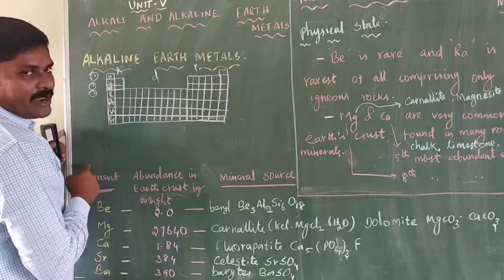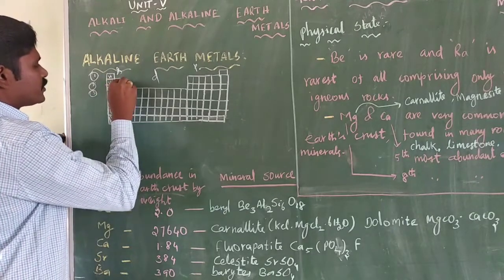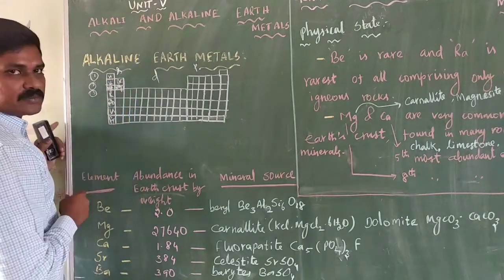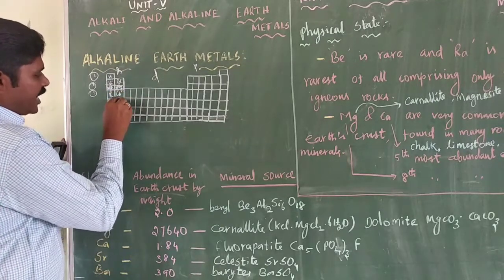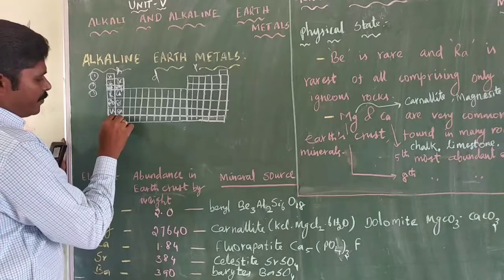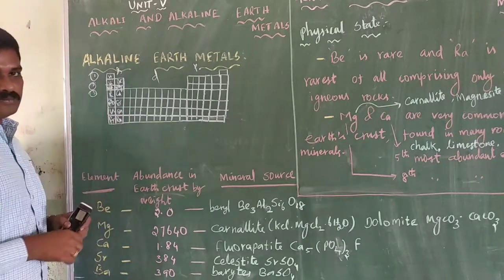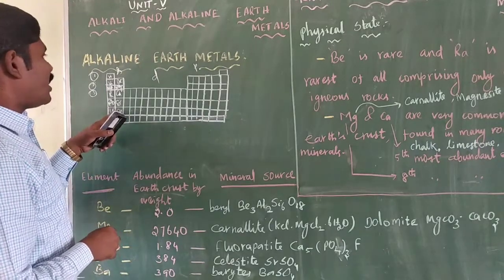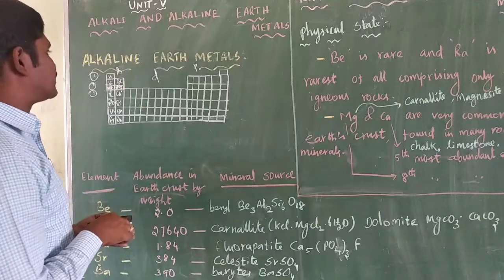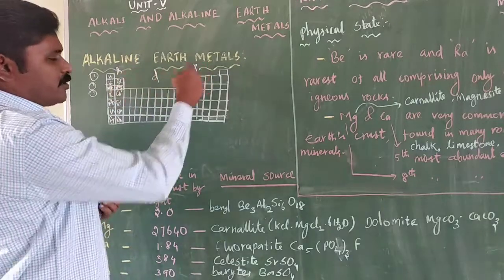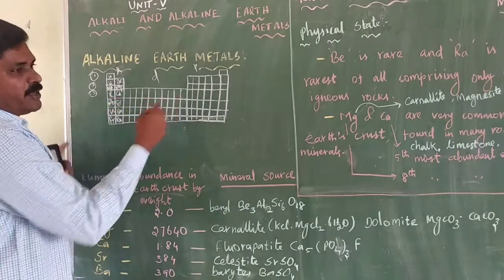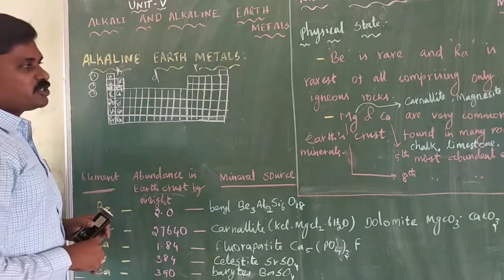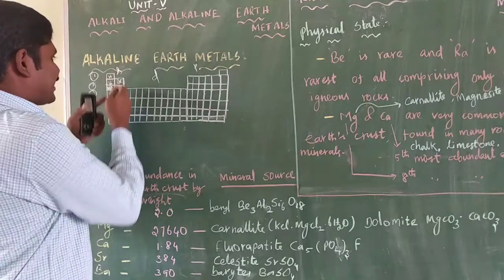And the second group elements, beryllium, magnesium, calcium, strontium, barium and radium, are called alkaline earth metals. Right? The alkaline earth metals are found in the second group of the periodic table.